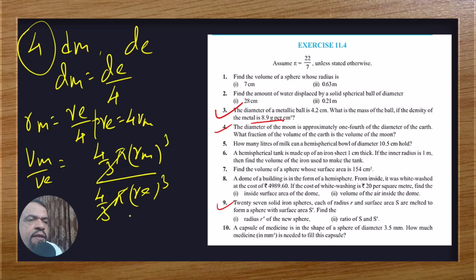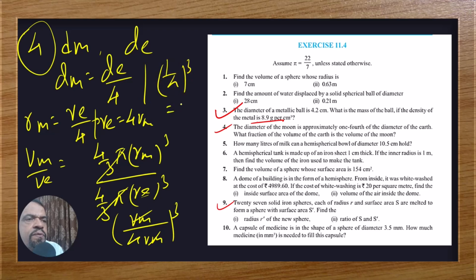So we can write Rm upon 4 Rm, whole cube. In place of Re, we are writing 4 times Rm. Rm cancels. So 1 upon 4 cube means 1 upon 64. This is the answer, the ratio of the volume of Moon and Earth.